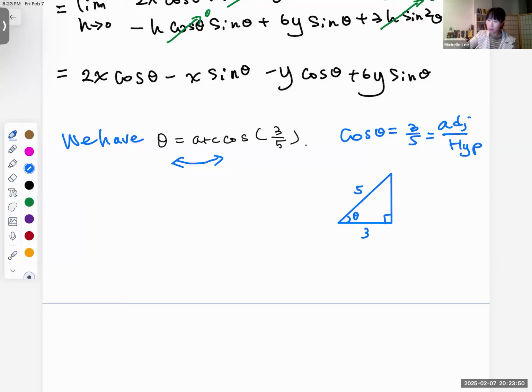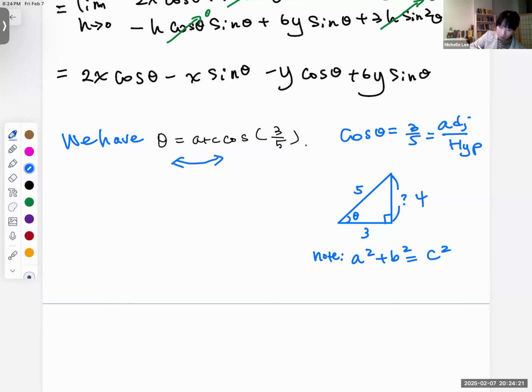Then what is the side then? This side. So this is a nice number, 3, 4, 5, right? So if we don't know how to find, maybe we can find by Pythagorean identity, yeah? So a squared plus b squared equal to c squared. So we can find b, which is 4, right?